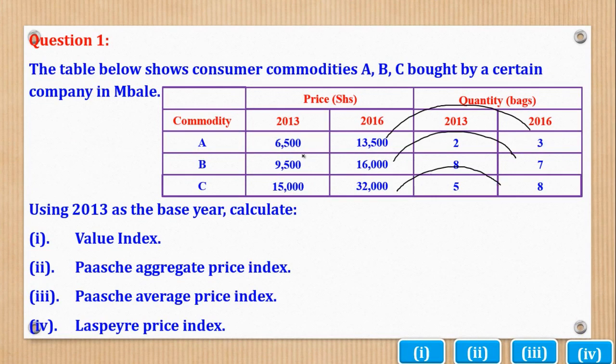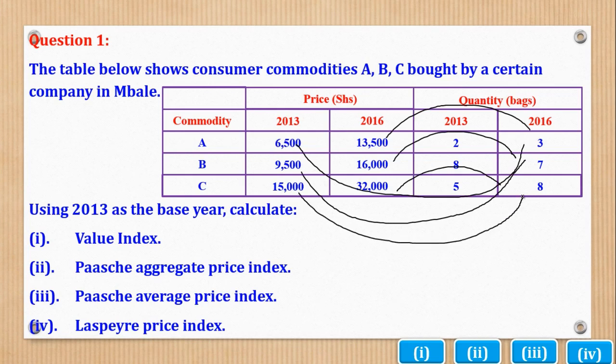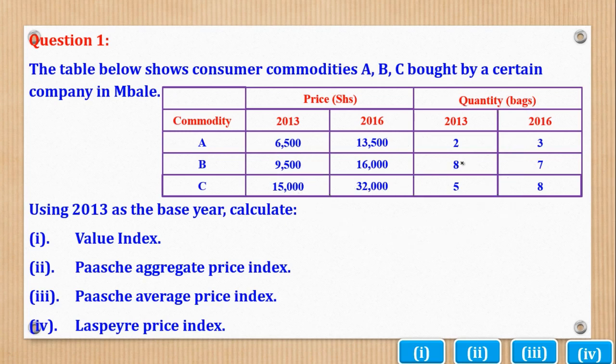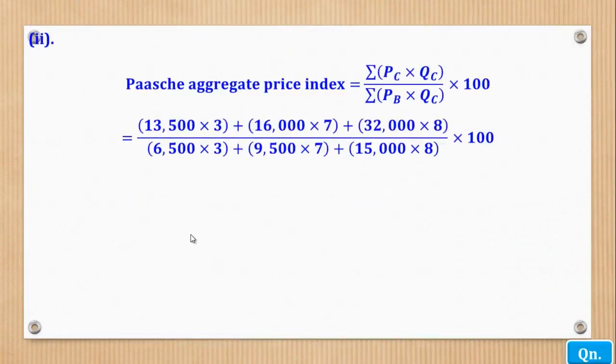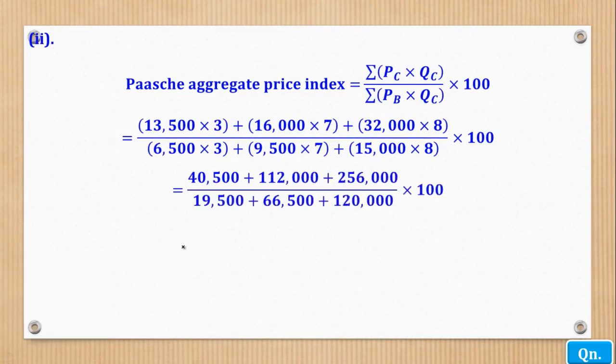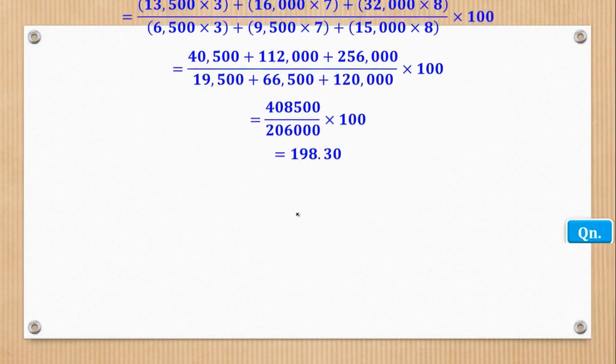For the denominator, it will be PB Q C. So it will be this times this times this, and this times that. So the base year quantities are ignored in Paasche. Then from there we shall use a calculator to simplify further and then come up with the final answer to 2 decimal places. So that was Roman 2.